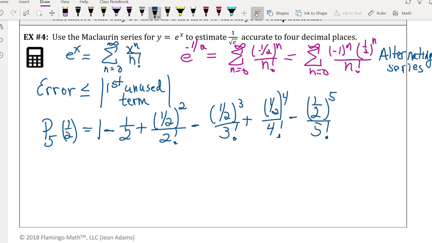Okay, and so if we want to be accurate to 4 decimal places, I just started writing our terms out here.